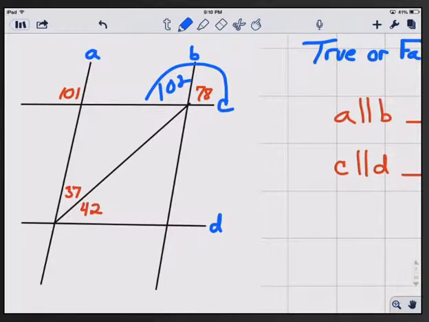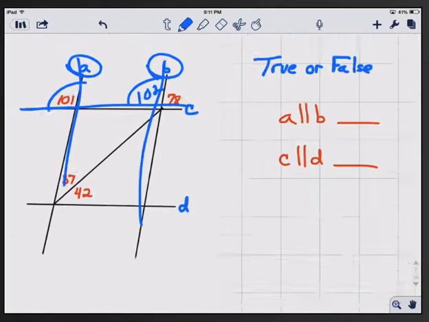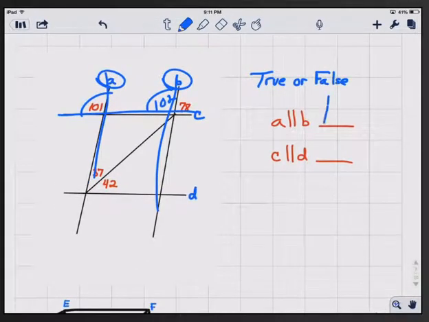Now if I look at that 102 degree angle and this 101 degree angle, I can state that we have two lines and a transversal, and corresponding angles are not congruent. So therefore A is not parallel to B. So the first statement is false.